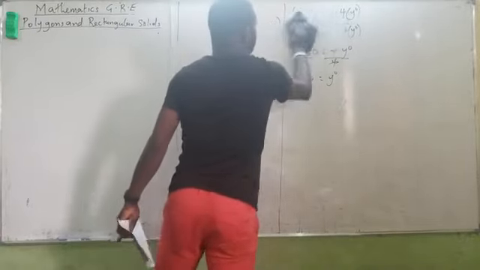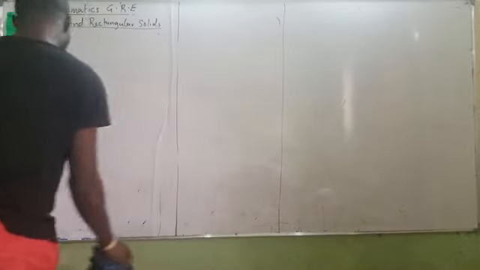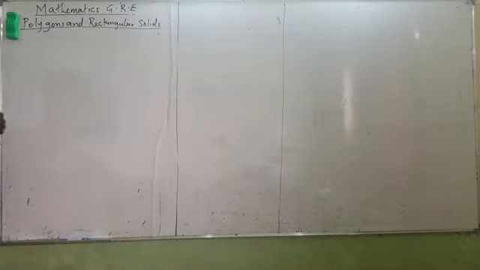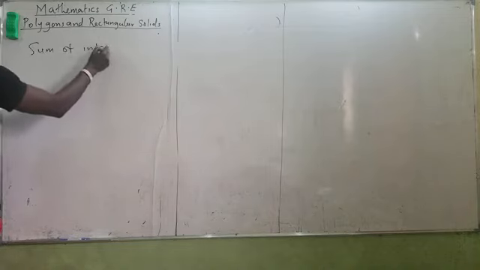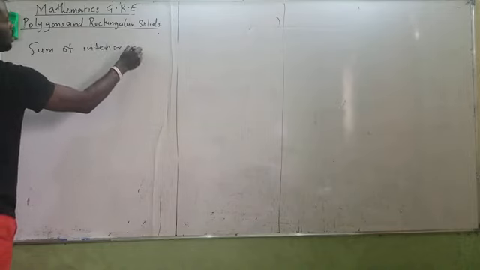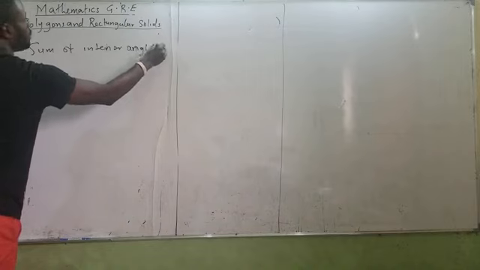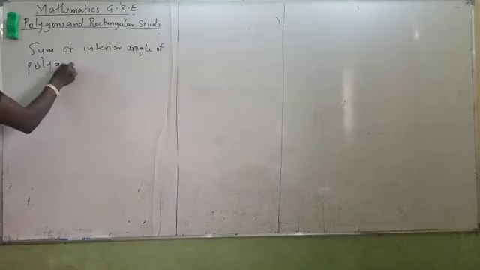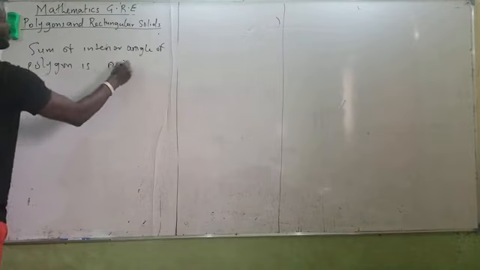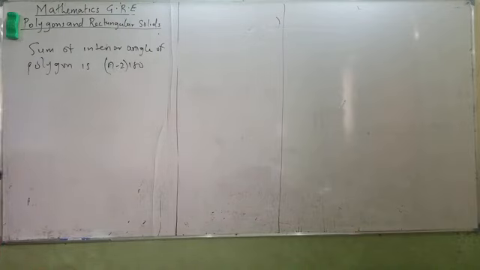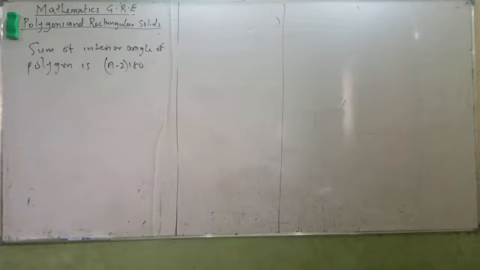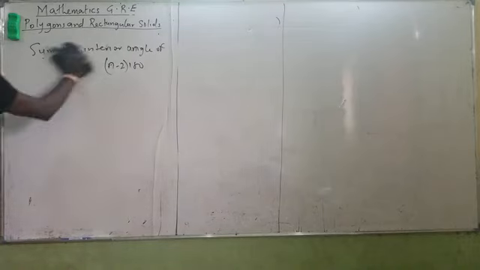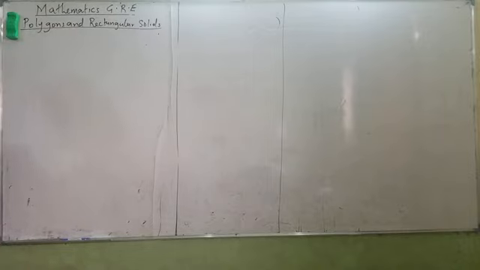Don't forget, before I go on, the sum of interior angles of a polygon is n minus 2 bracket of 180. Just note that, very, very important.